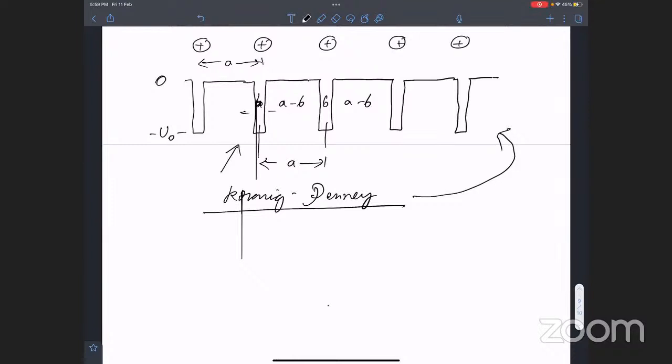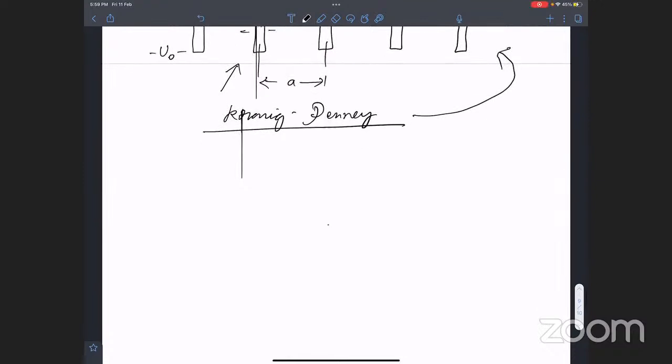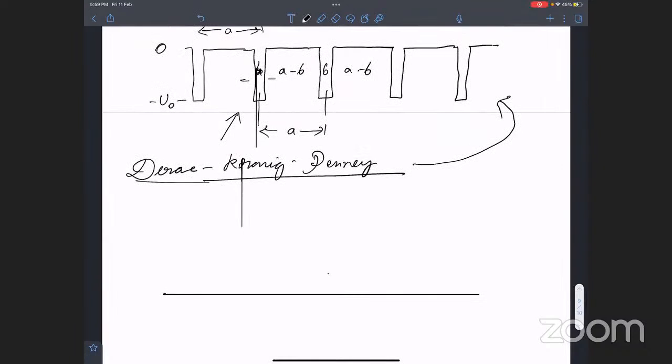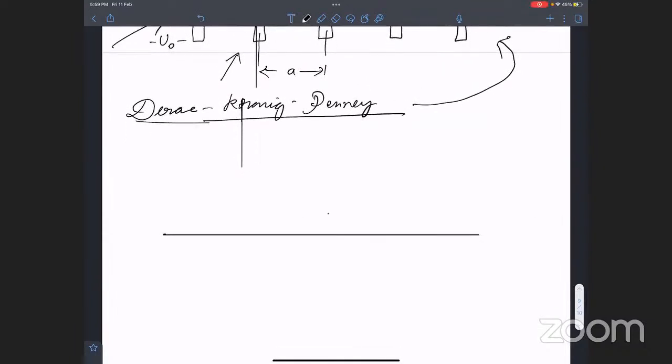Okay, that is somewhat simple, but it is still quite involved. So there is another guy, Dirac, obviously, right? I hope you have heard of Dirac. So Dirac said, we don't even need to consider even this complicated system. Let us take this abstraction, and instead of solving for this particular system, let us solve it for a system that looks like this. So he says, just consider a series of delta potentials.